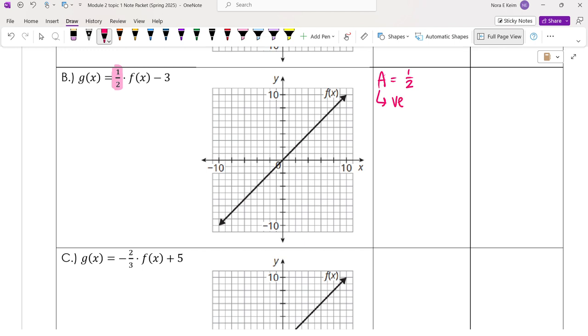So this is a vertical compression. It's a vertical compression because 1/2 is between 0 and 1. I then have this negative 3, which is the vertical translation value of d. So this means that we move down 3.